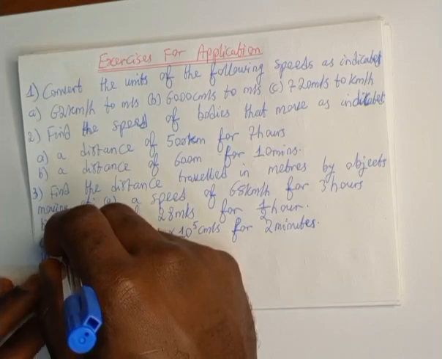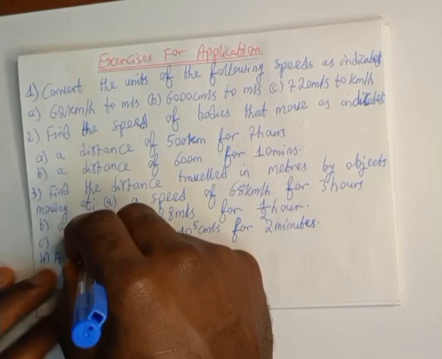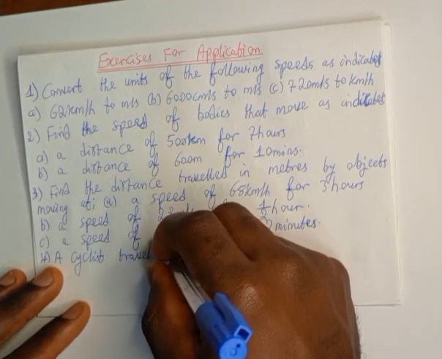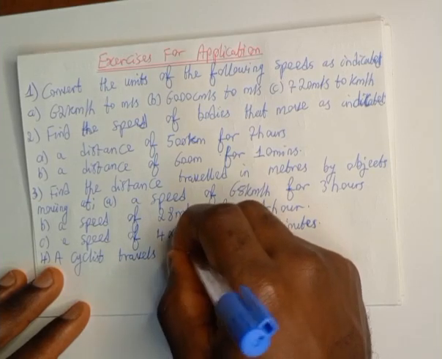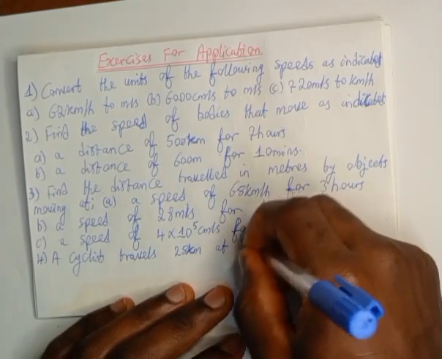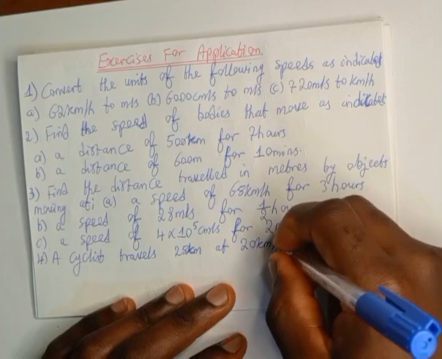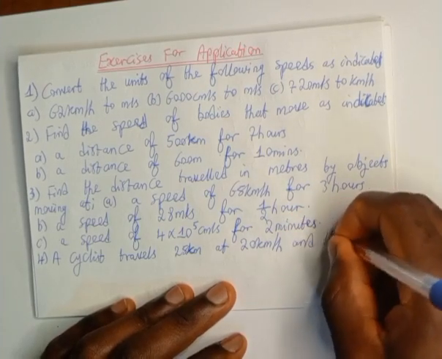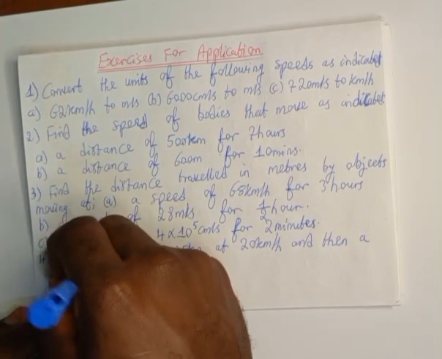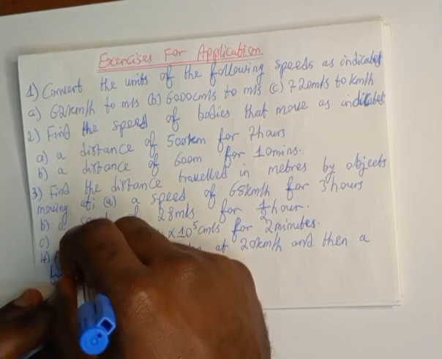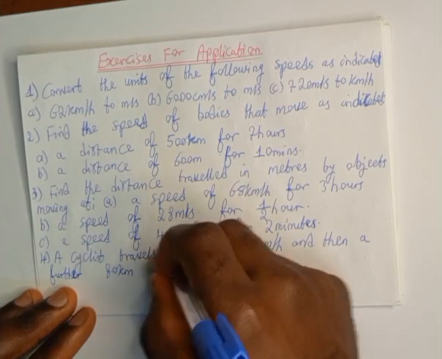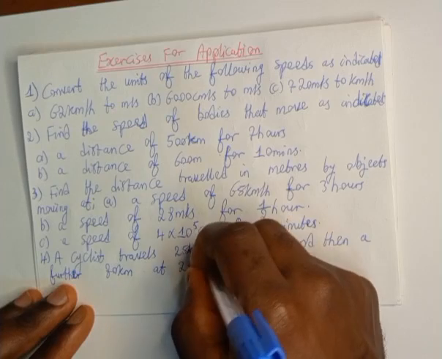We go to question 4. Question 4 says a cyclist travels 25 kilometers at 20 kilometers per hour and then a further 80 kilometers at 25 kilometers per hour.